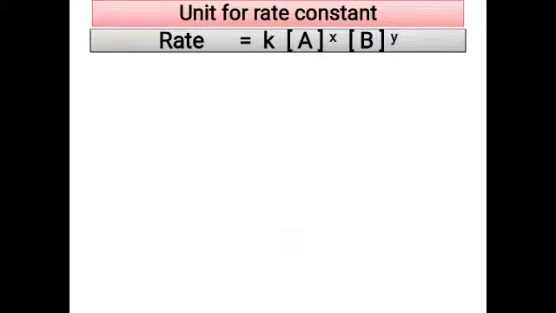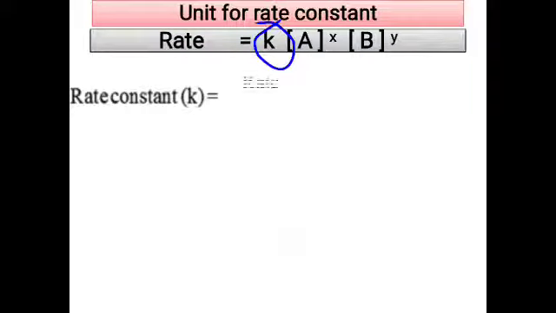Now let's go for our next topic, that is to find out the unit for the rate constant. You can find it by using the rate law expression, which has the rate constant k. We can rearrange this expression and write it in terms of the rate constant k, where k is equal to rate divided by the concentration of the reactant.